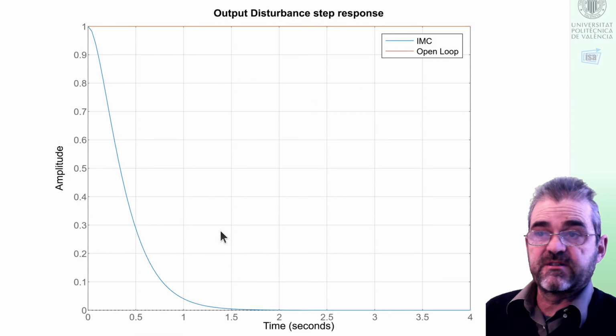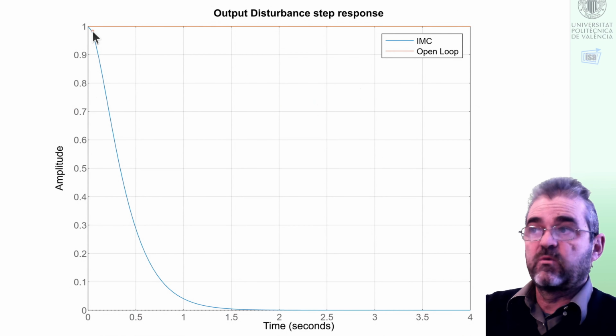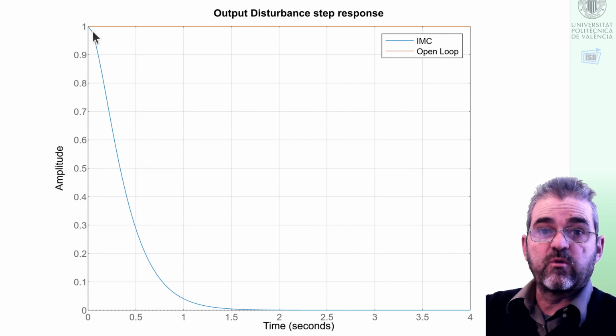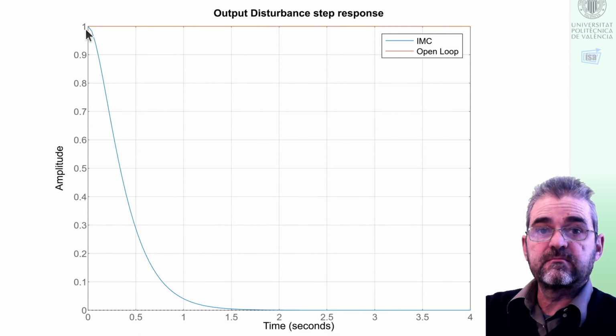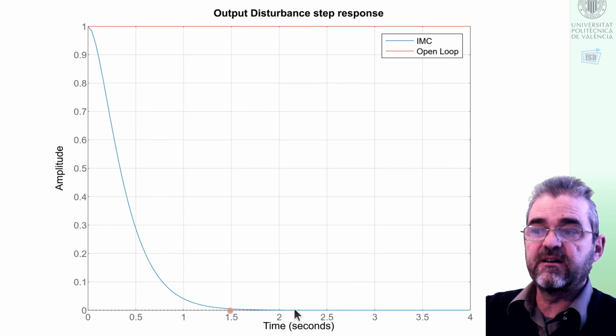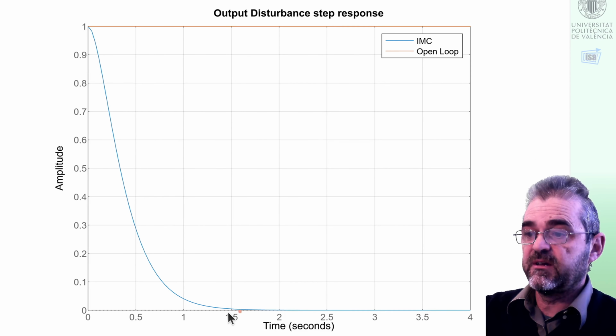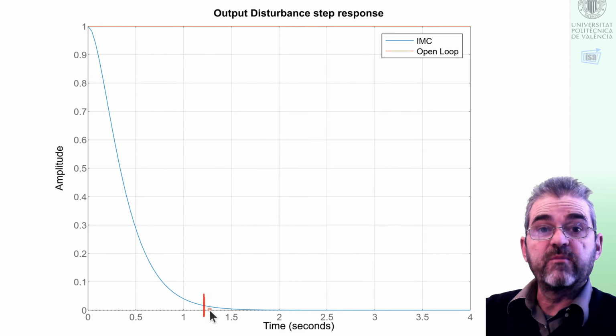The output disturbance step response. When I get the output step, of course, output increases instantly to 1, but as time elapses, the integral action of the controller makes the final error go to 0 in that 1.2 settling time we were happy with.